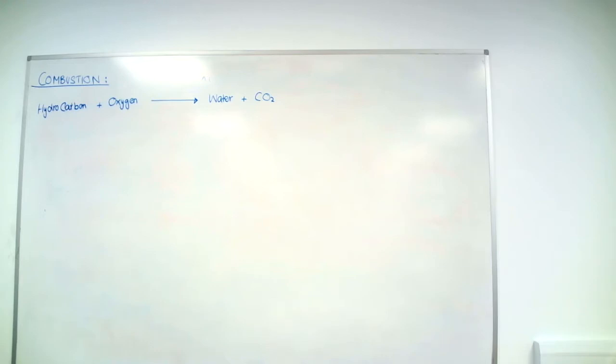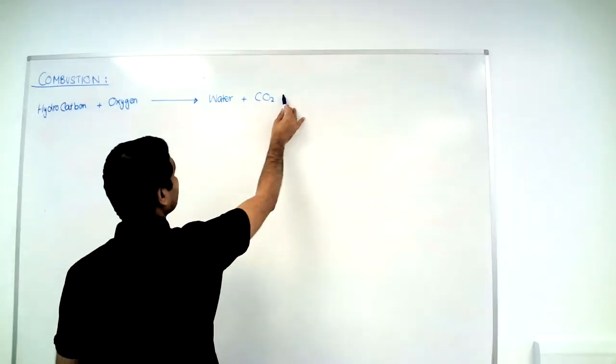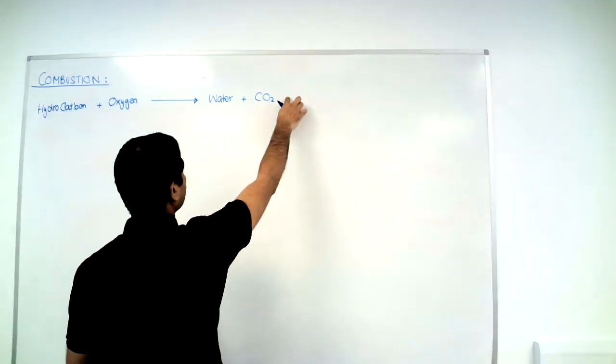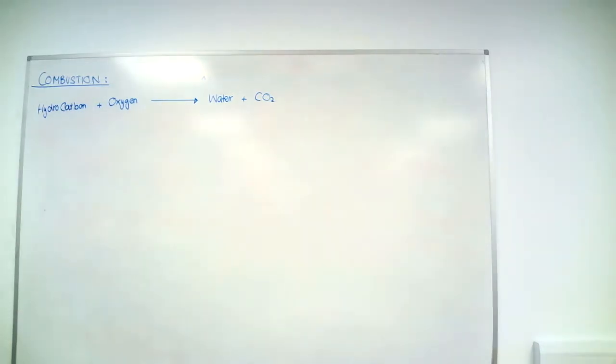But if your engine is running with excess fuel, the fuel is in excess and the oxygen is not, so you will get unburned fuel coming out from the exhaust, which is a waste of fuel.